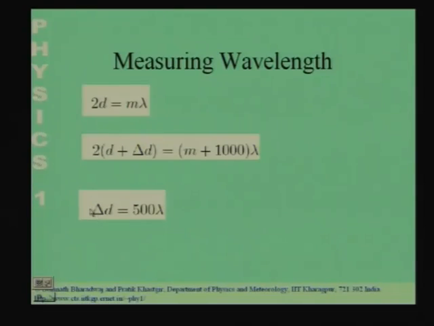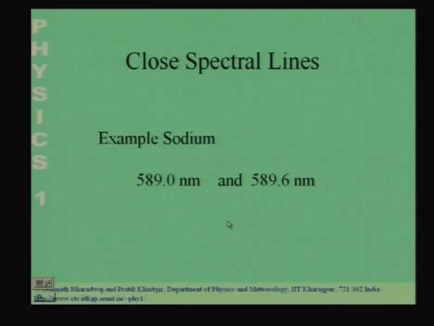This distance we call delta d, and we had seen that for 1000 new fringes, delta d is going to be 500 times the wavelength. So, even if the wavelength is small, delta d is something that you could measure, and from measuring delta d, the distance that you have to move one of the mirrors, you can determine the value of the wavelength. Now, today we will start off discussing another very interesting application of the Michelson interferometer.